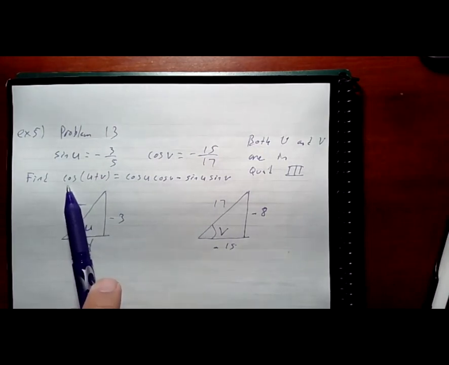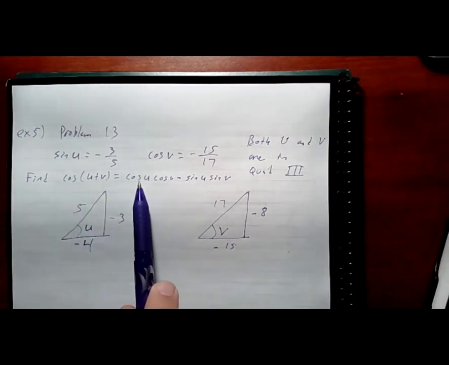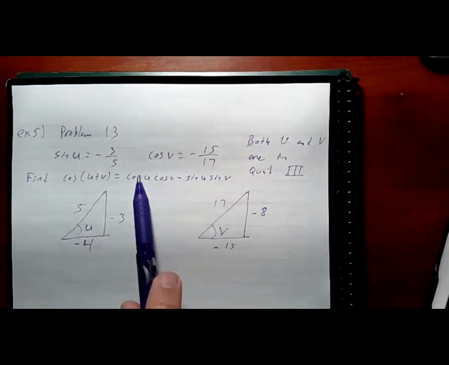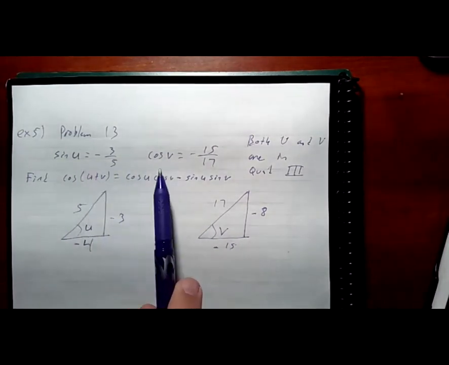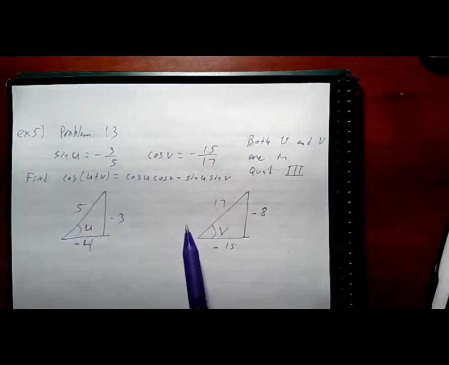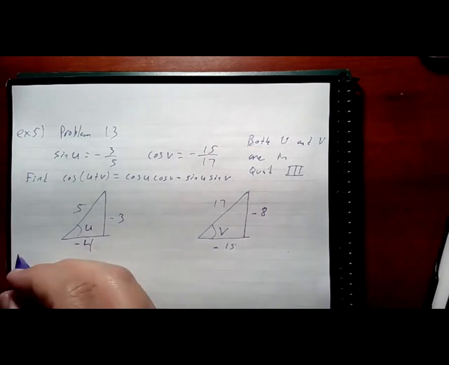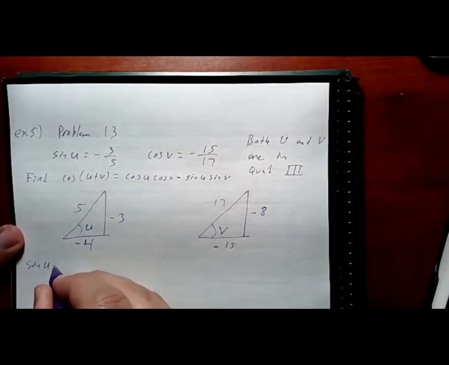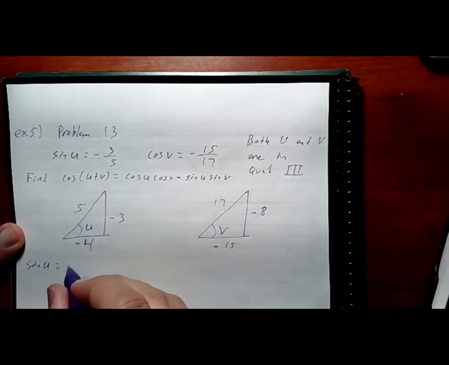And you'll notice I cannot use this formula because I'm missing what? Cosine u. I only have cosine v, and I need sine v to finish this. That's why I had to build this triangle. Once you have it, find sine u. That's already given to us, so that's right there.